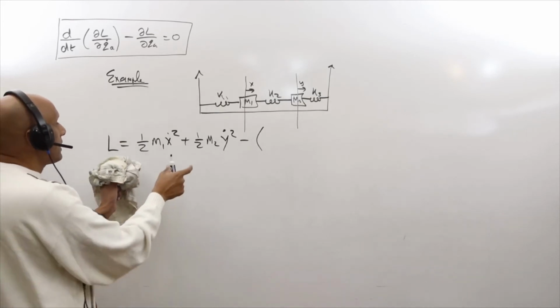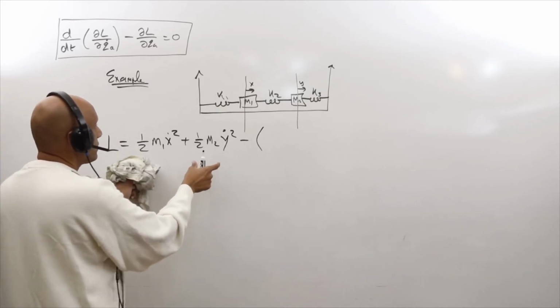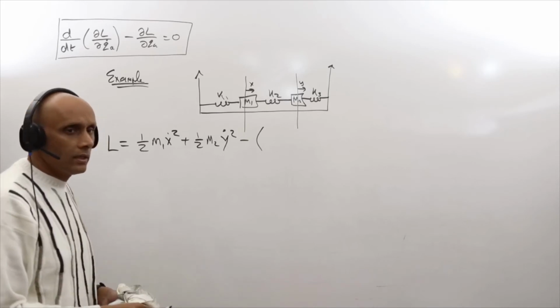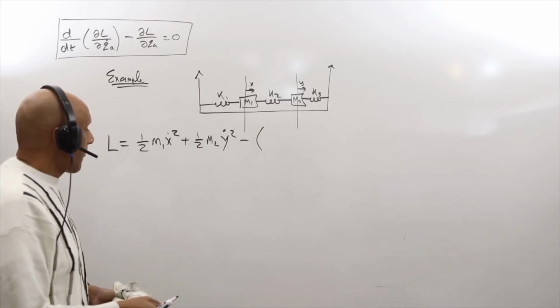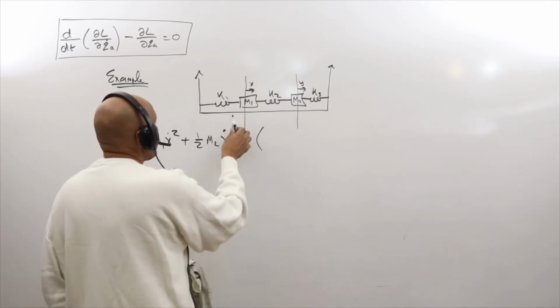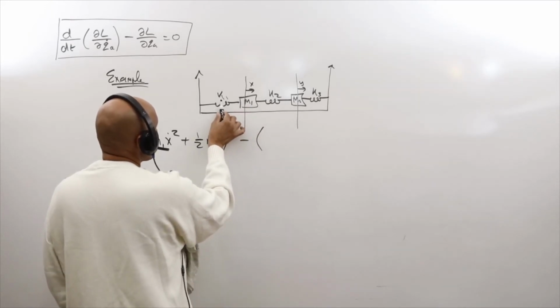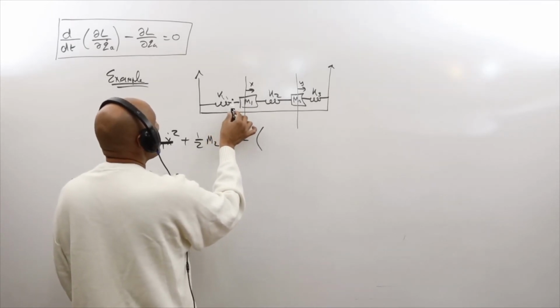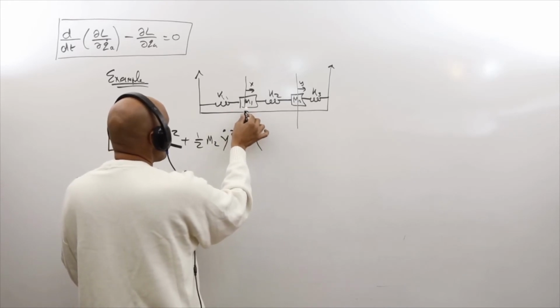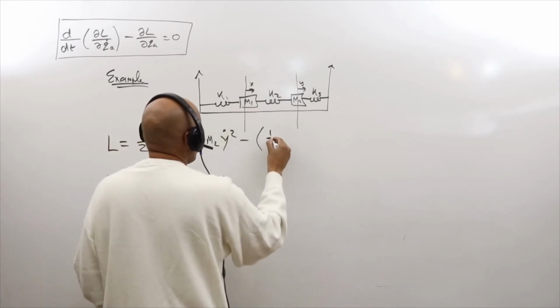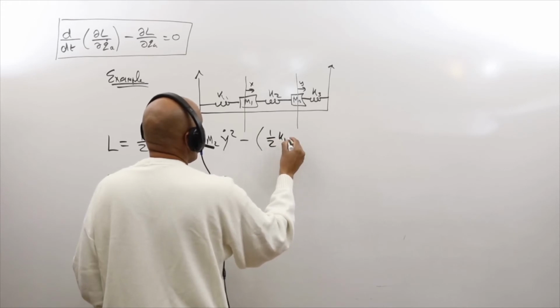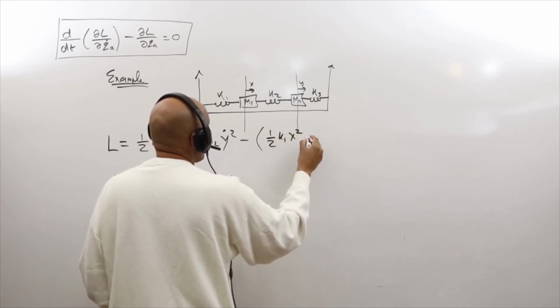So this is the kinetic energy that's stored in each of these two masses. The potential energy, well, if this gets displaced by x, this spring gets stretched from equilibrium, so the potential energy in that stretch from equilibrium is given by 1/2 k1 x squared.